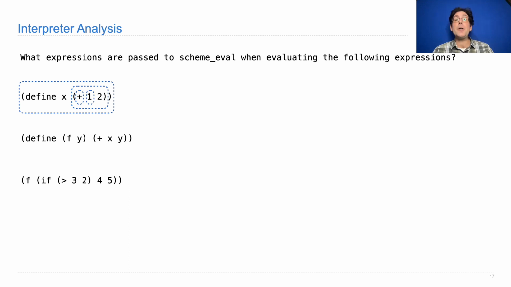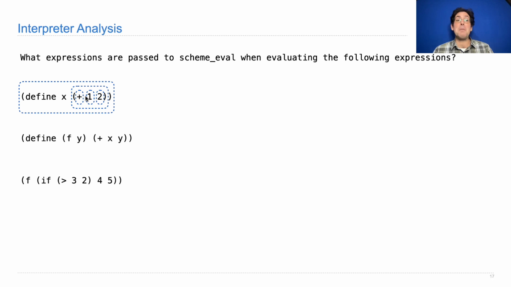We also need to call scheme eval on the numbers 1 and 2. Why is that? Well, that's just the process for evaluating any call expression. You evaluate the operands. These ones happen to be really simple, so we pass them into scheme eval, and scheme eval gives them right back to us because they're self-evaluating, very simple atomic expressions.